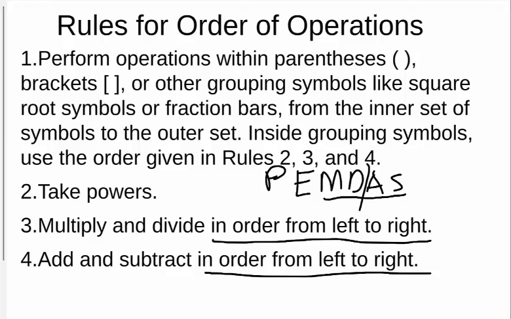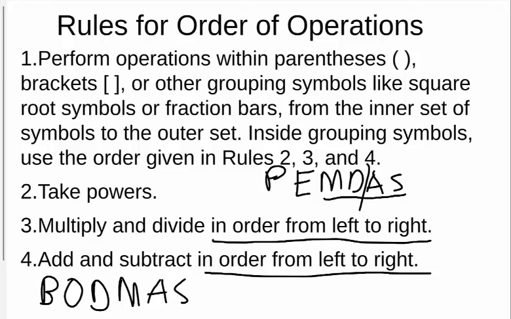Now, if you're not in the US, you may know this as different. You may know this as B, brackets, O, orders, instead of exponents. And then they switch division, multiplication, addition, subtraction. Same thing.